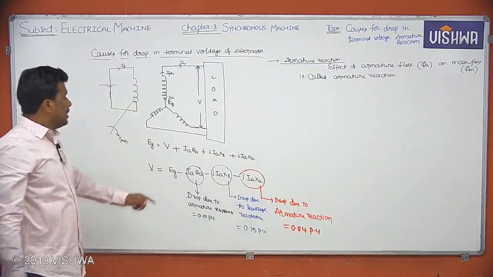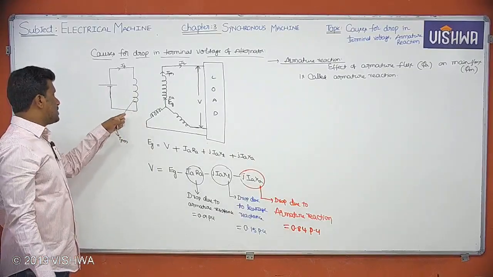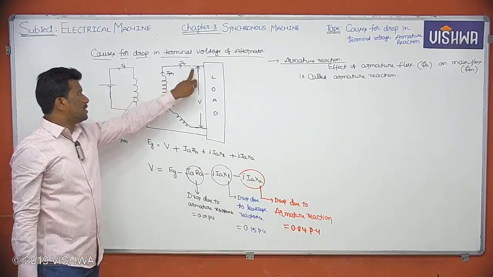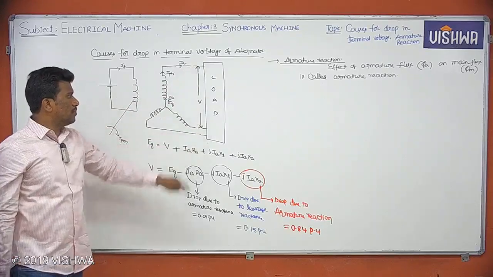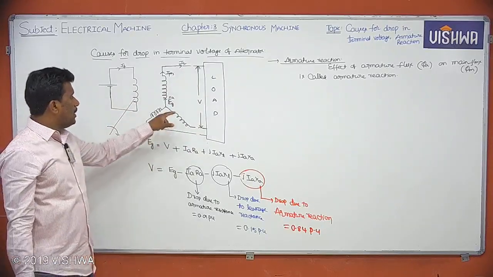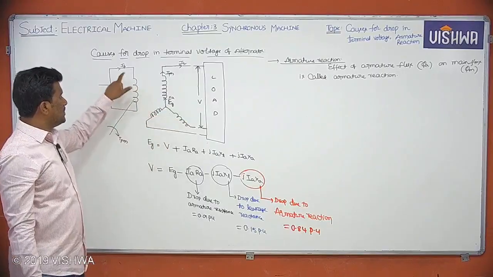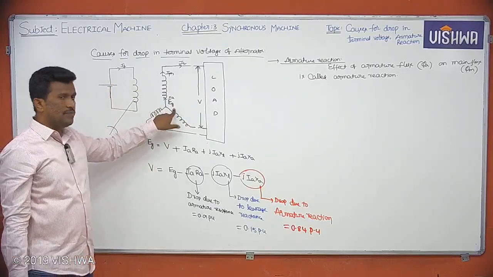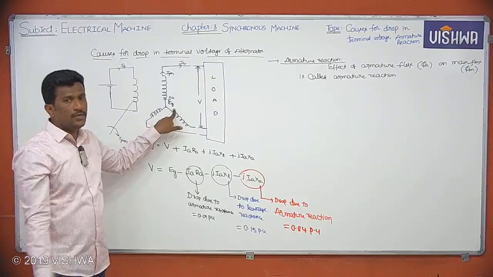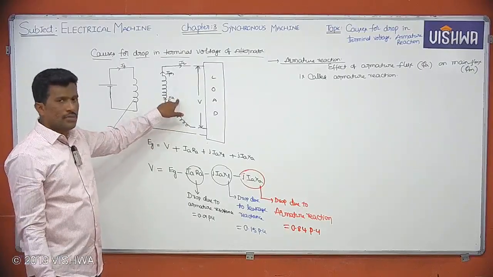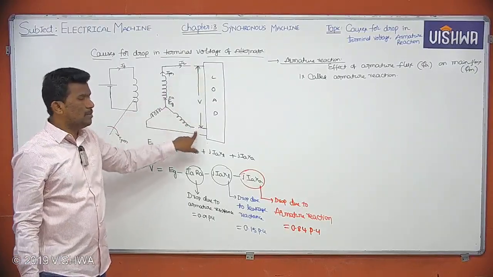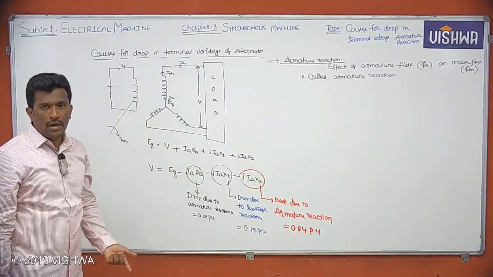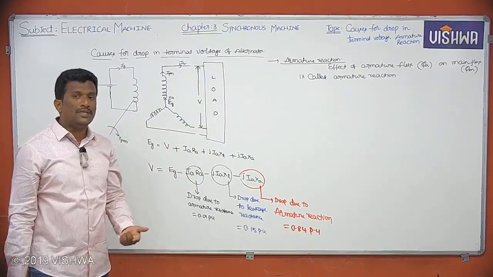You observe, guys, initially whenever excitation is given to the field winding, if there is no load, then because of this excitation I'll be getting only Ef. Because of this Ef, we won't get Ia current under no load condition. If there is no Ia, what about armature flux phi A?